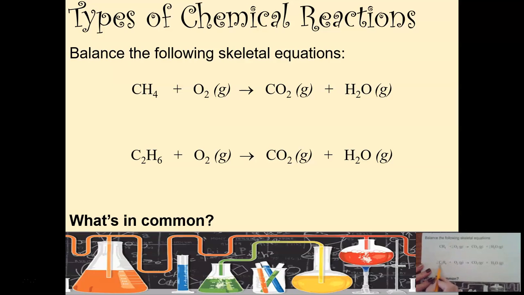That just means put a coefficient of 2 right here. Even though you didn't really need it, trust me, it's going to work itself out because that'll even up the oxygens over here. Watch it work itself out. So I put the coefficient of 2 here, okay? 2 times 2 is 4 carbons. 2 times 6 is 12 hydrogens. What's 4 times 2?